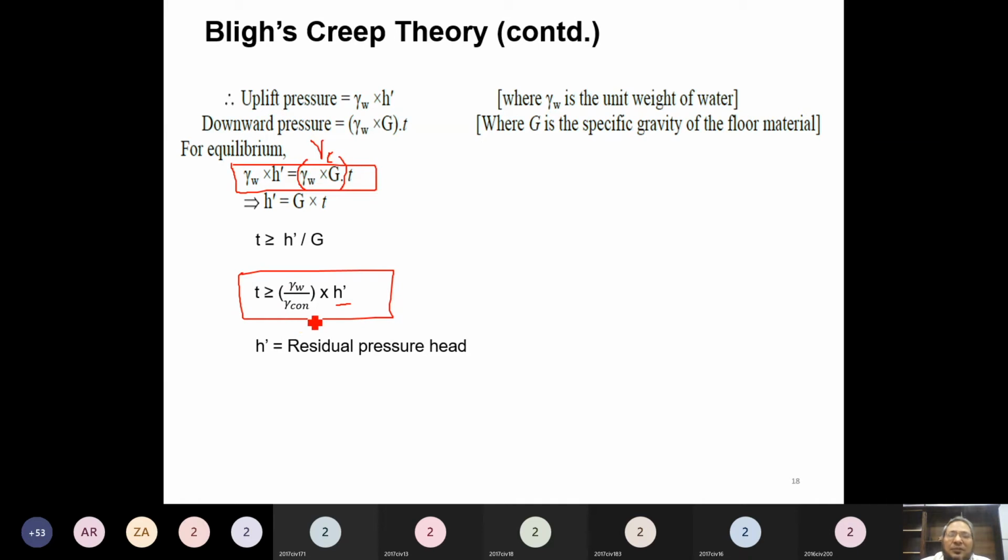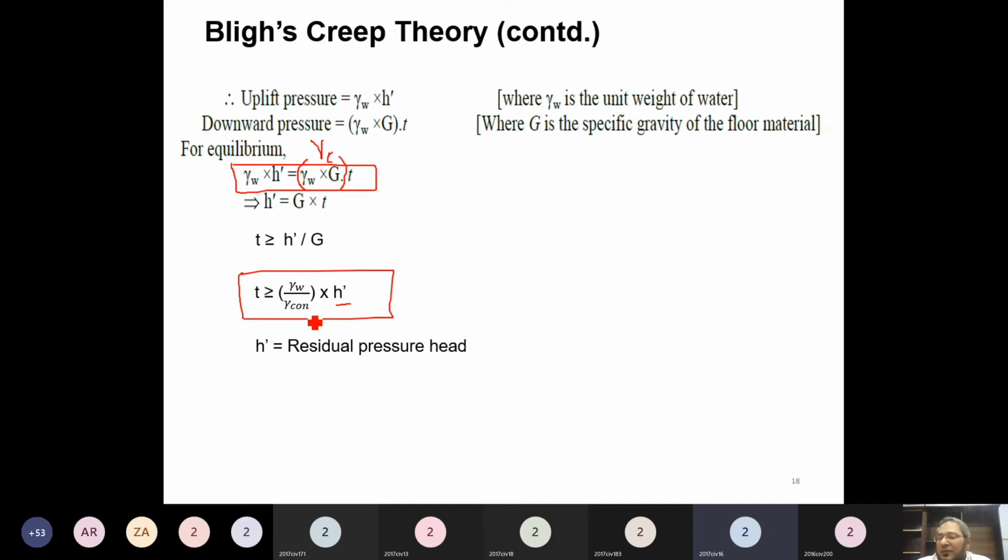Gamma W over gamma of concrete. What is the gamma of water in the English system? कितना है भाई? Simply 62.4 pounds per cubic foot.